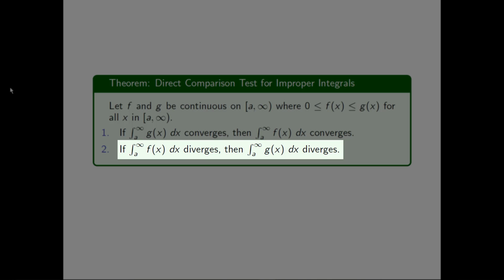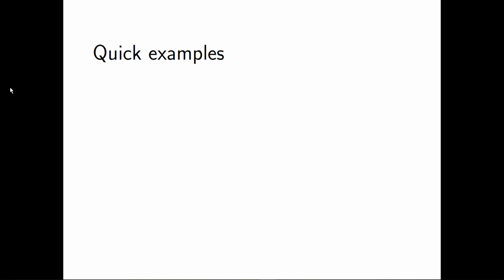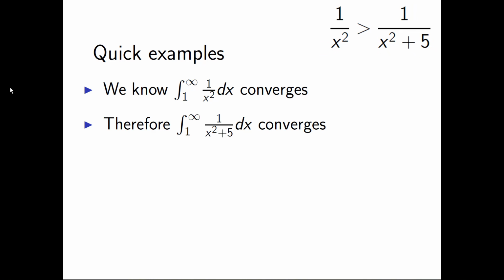So we'll take a couple of very, very quick examples of that. We've just seen that 1 over x squared converges from 1 to infinity. And let's take 1 over x squared plus 5. Well, 1 over x squared plus 5 is less than 1 over x squared. Therefore, if 1 over x squared converges, then 1 over x squared plus 5 must also converge if we take that integral from 1 to infinity. It's less than something that converges, so it converges.